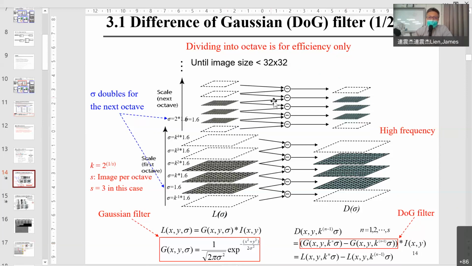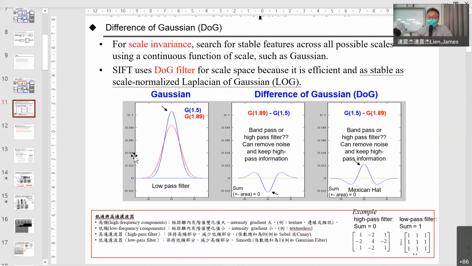If you use the DoG, actually you don't need to do two convolutions over the image. In theory, to be uniform, you need to do it that way: use one Gaussian and do convolution one time, then the second Gaussian and convolution, so still two times.